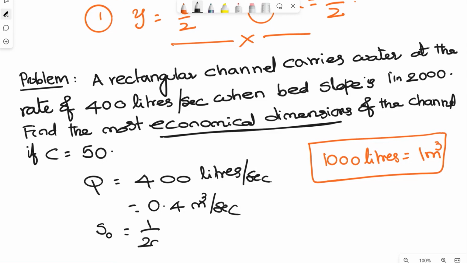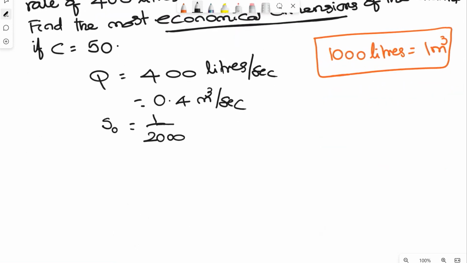As long as you are talking about uniform flow, the bed slope, the water surface slope and the energy line slope are all the same. That's why most people in the textbooks write S. Otherwise, bed slope means we should write S naught, but as long as uniform flow is discussed, no problem because all are same. Then C is equal to 50. That is third.